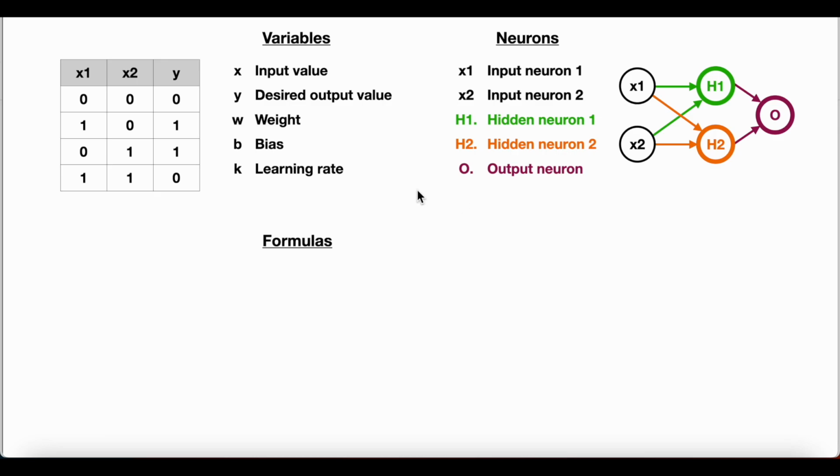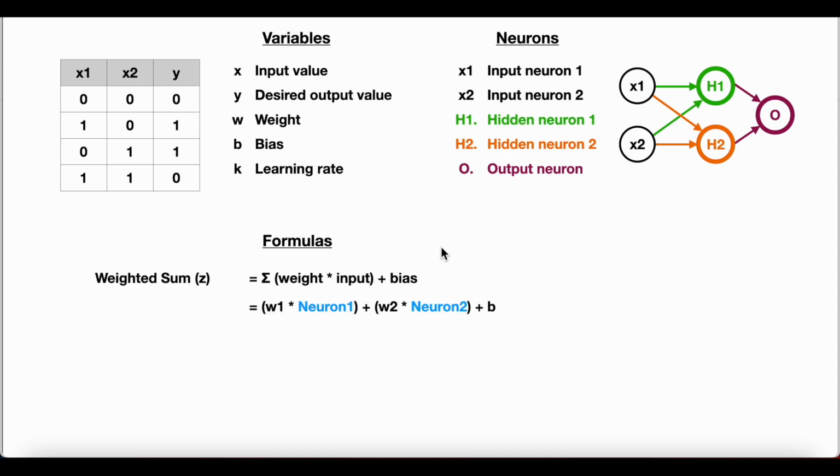The formulas are going to be based upon the weighted sum, that is the weight between the neurons times the input plus the bias. Another way to represent that, since we have 2 neurons in the input and hidden layers, is to take weight 1 times neuron 1 plus weight 2 times neuron 2 plus the bias.